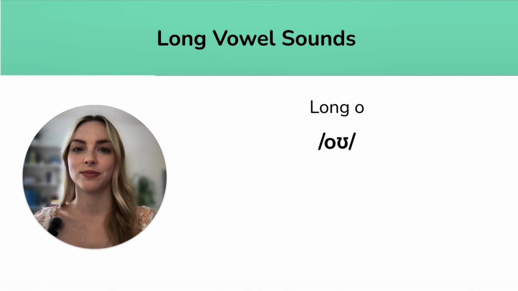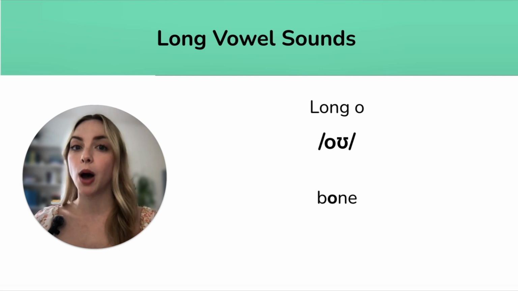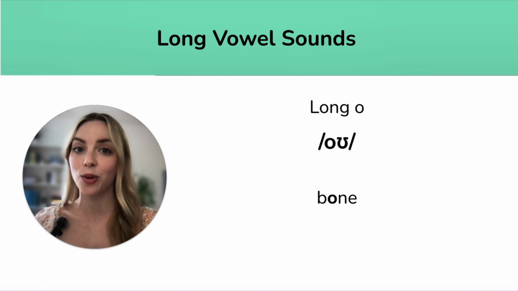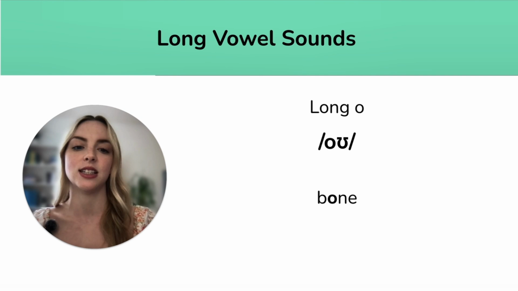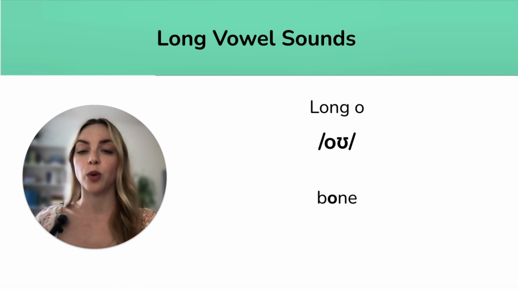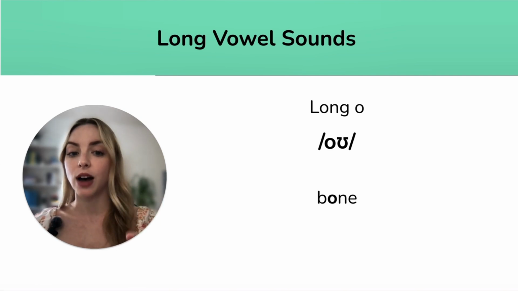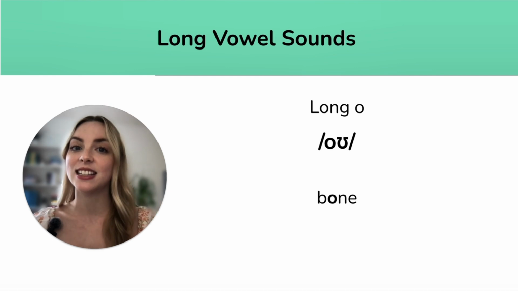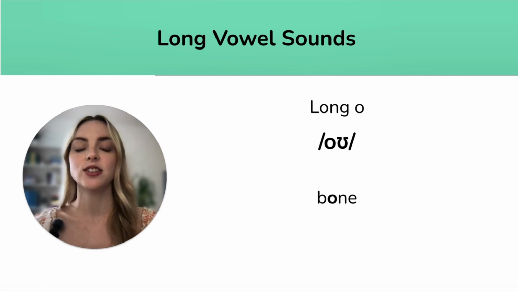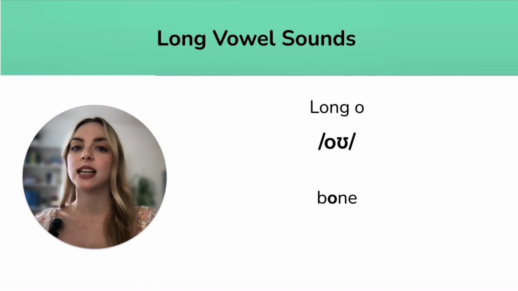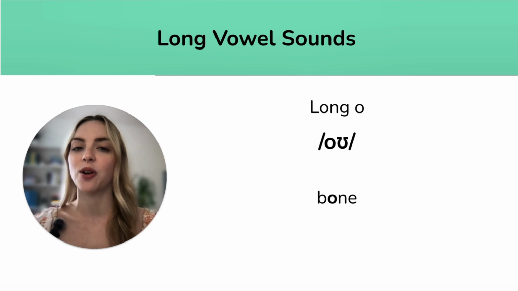like in the word bone. So here it's represented by the letter O, so that's fairly easy to remember. Often when we see a vowel with a silent E at the end, we know the vowel takes the long vowel sound.